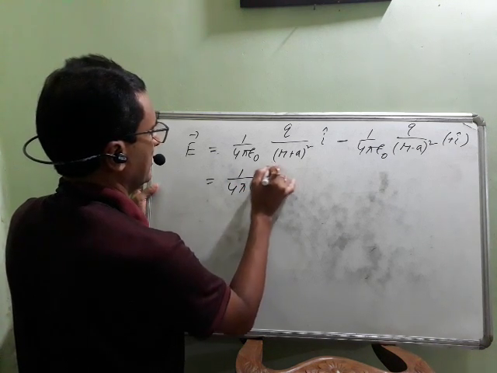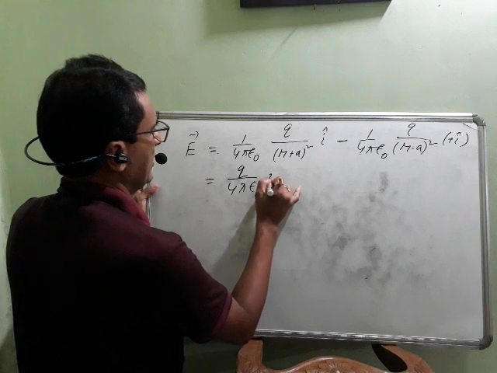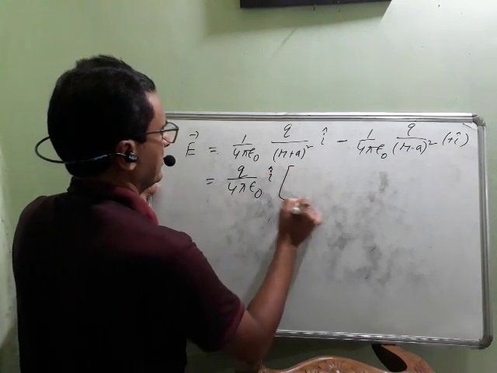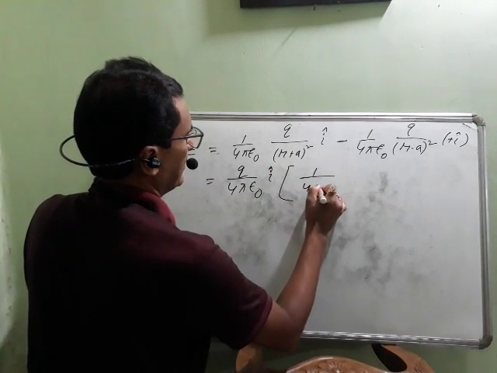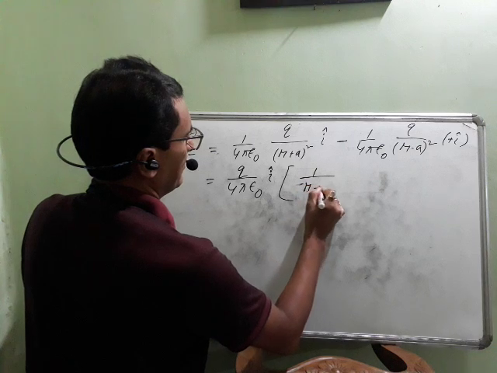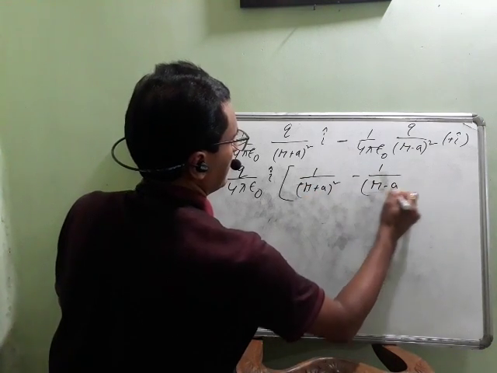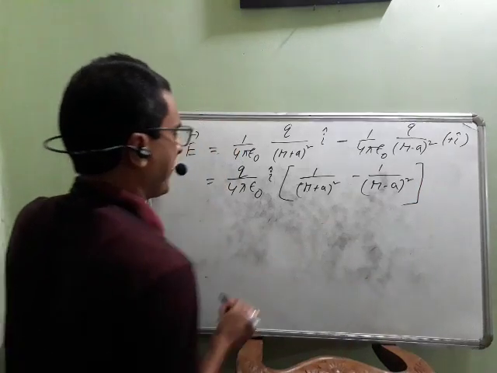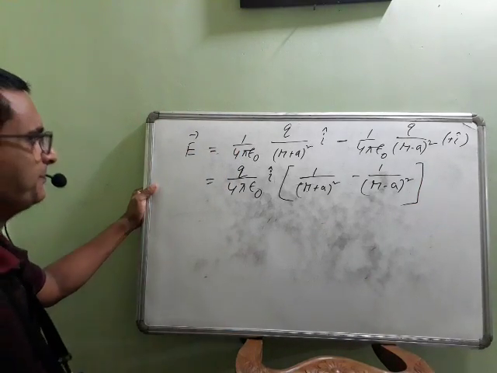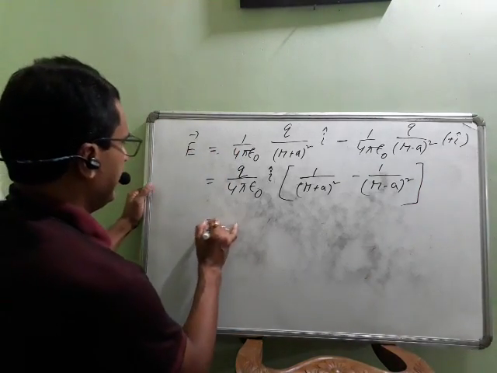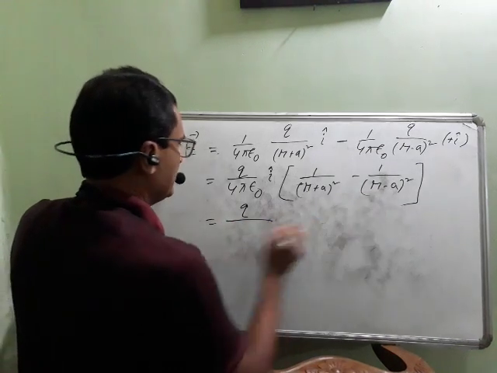So what is the common term? Q i cap. So we can write this as (R plus A) whole square minus (R minus A) whole square. Now take the LCM of these two.